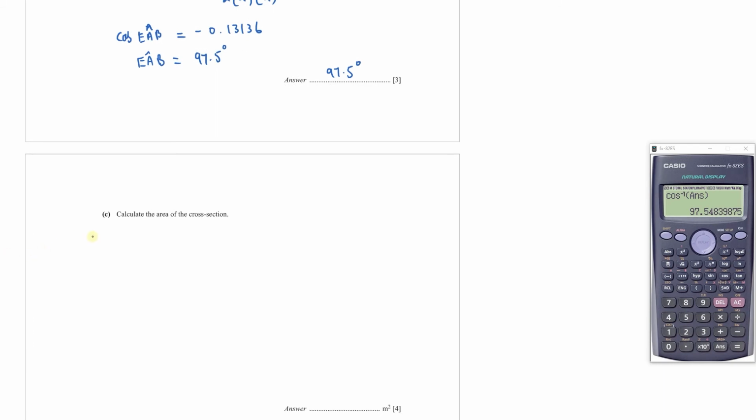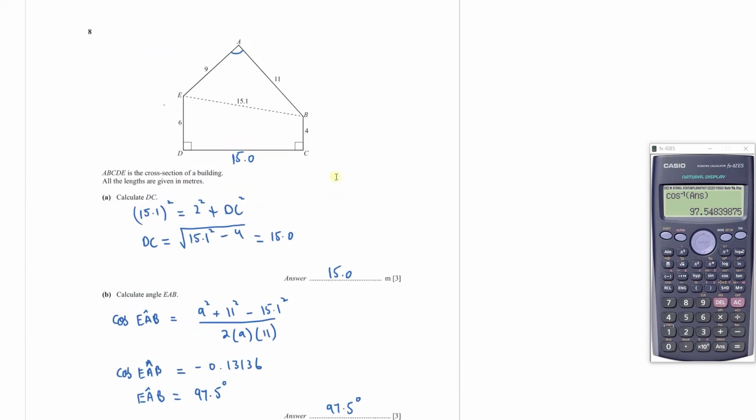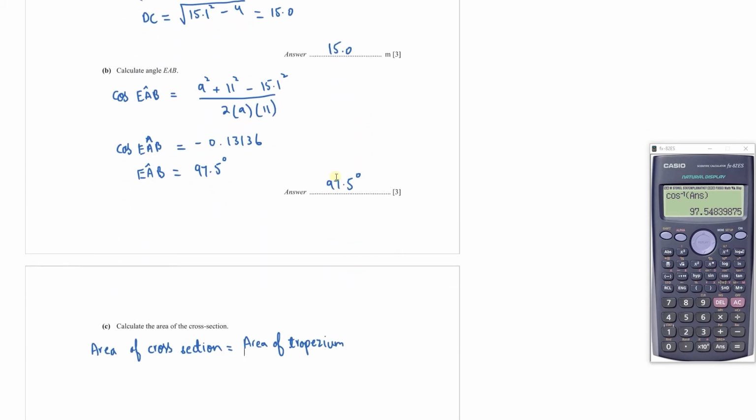So area of the cross section will be equal to area of trapezium EDBC plus area of triangle EAB.